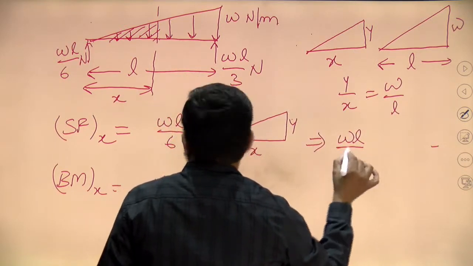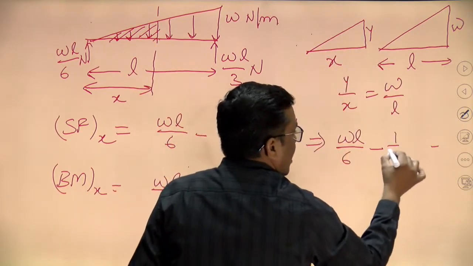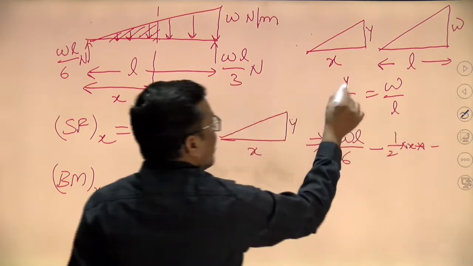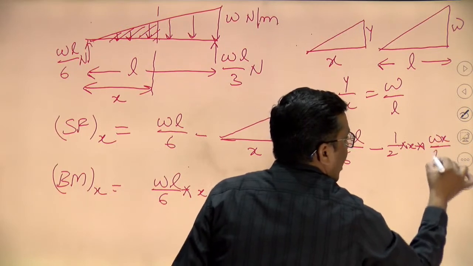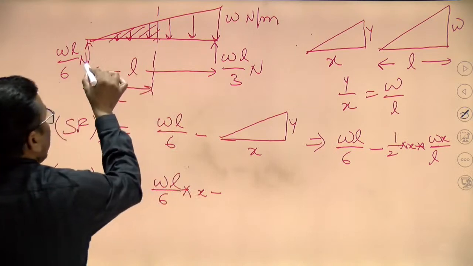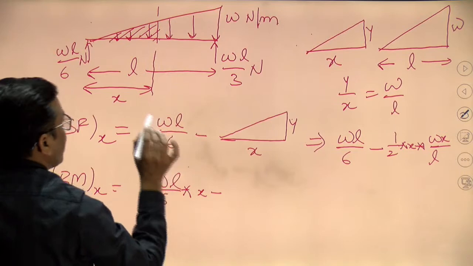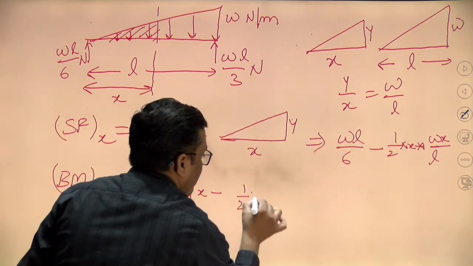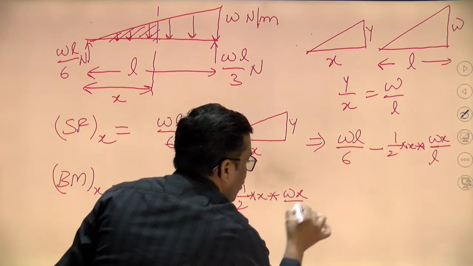Area WL/6 minus area of the triangle, half into x into y, and at place of y, WX/L. For the bending moment, WL/6 into x clockwise positive minus load कितना है भाई? Half into x into WX/L.